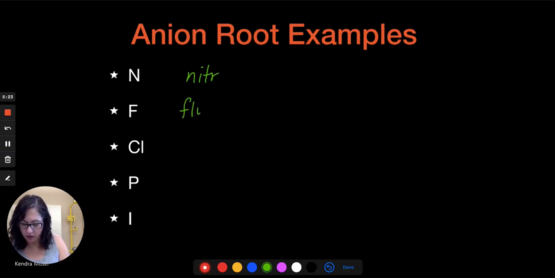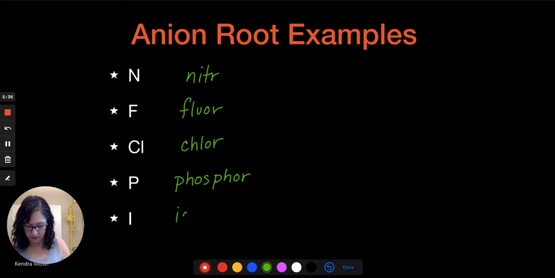Fluor, fluoric, chlor, phosphor, and of course we saw this one already as well, iod. And so they look different depending upon what they are, and we just get used to these.